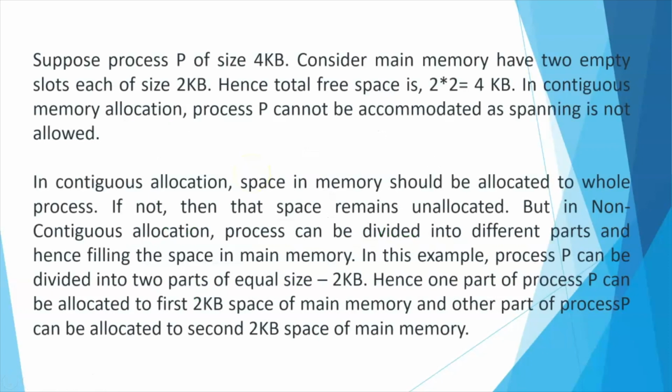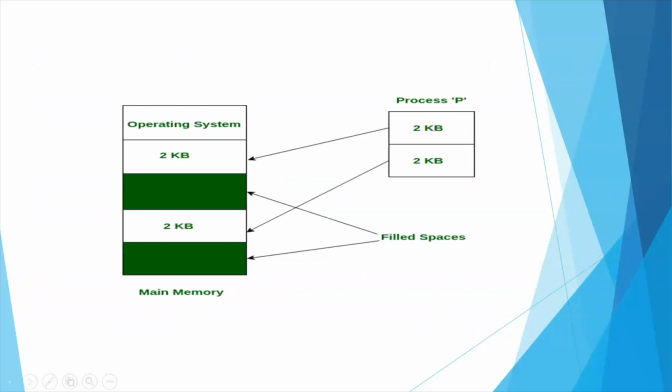In continuous allocation, space in memory should be allocated to the whole process. If not, then that space remains unallocated. But in non-continuous allocation, the process can be divided into different parts, hence filling the space in main memory. So the 4 KB process is divided into two parts, one of size 2 KB which is allocated to this part, and the other of size 2 KB which is allocated to this part.